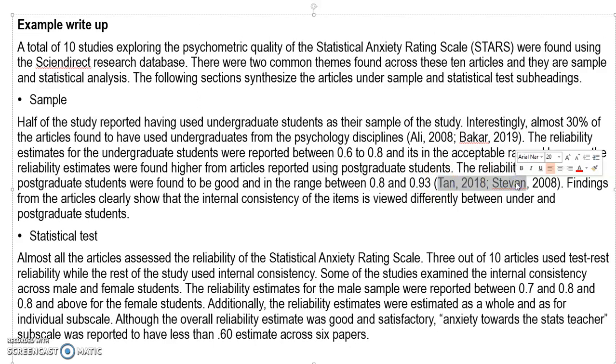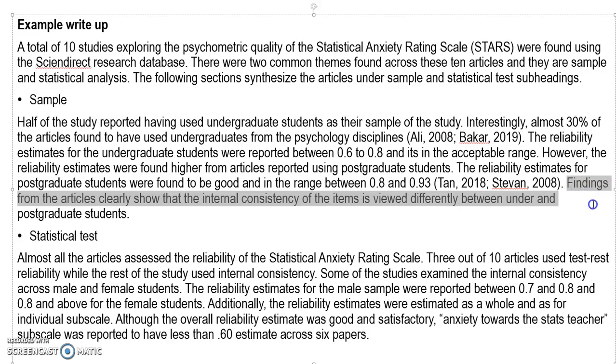So once I've done all these comparisons within the context of sample, I need to do a closure, and that closure is what I'm doing here. I'm saying that findings from the articles clearly show that the internal consistency of the items is viewed differently between undergraduate and postgraduate students.